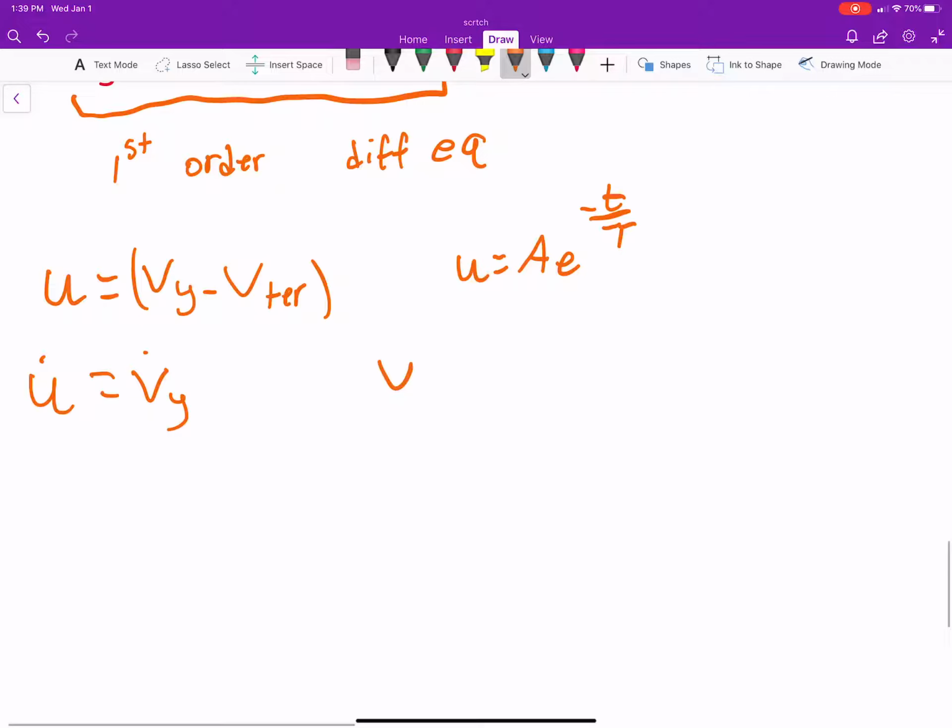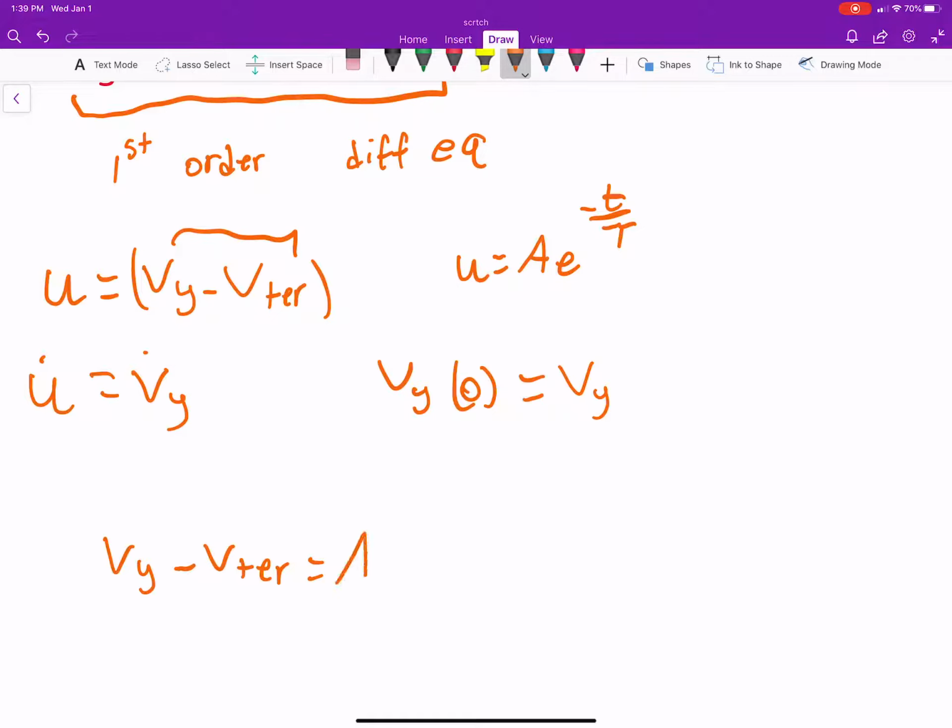And we know, well, what I'm saying is that our initial velocity is just going to be Vy. So if we set these equal to each other, we have Vy minus V terminal, this bit, is equal to u, which is A e to the minus t over tau, where t is 0.